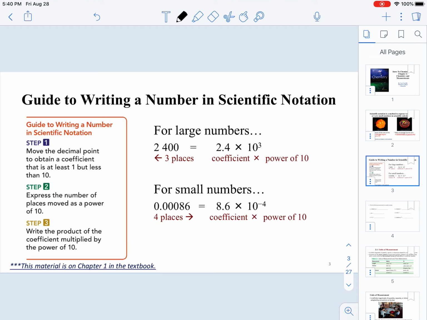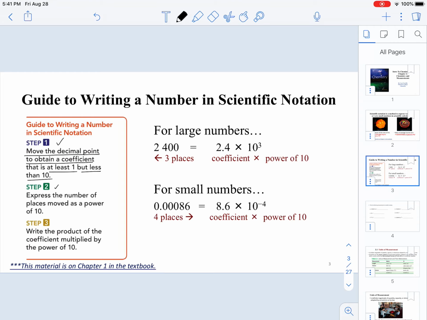So as you can see, we have on the left of the slide the guide to writing numbers in scientific notation. Step 1 is going to be move the decimal point that is present or implied to obtain a coefficient, meaning a value that is at least 1 but less than 10.